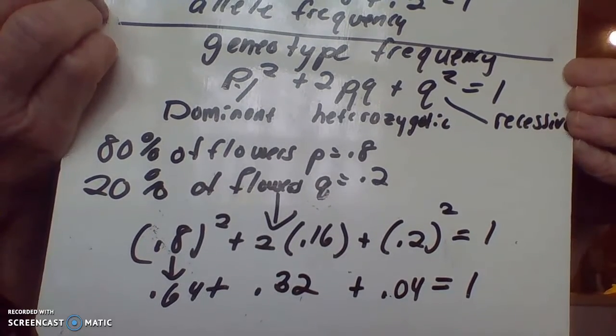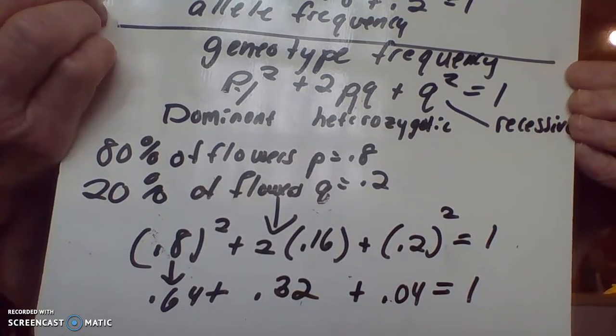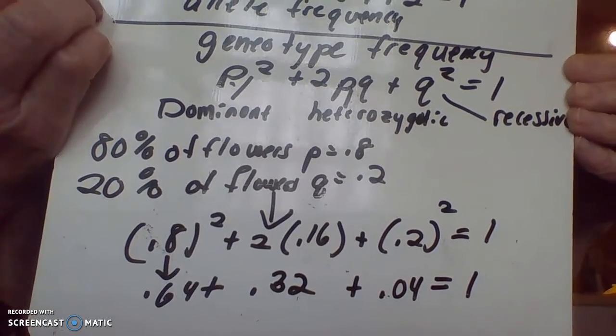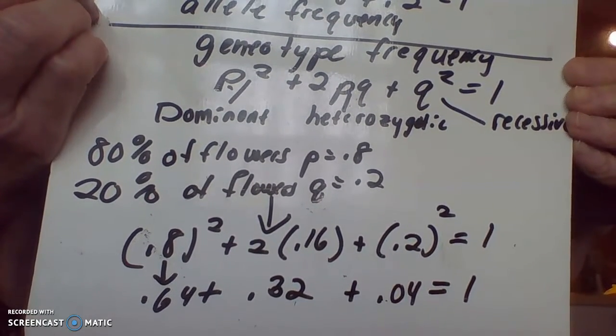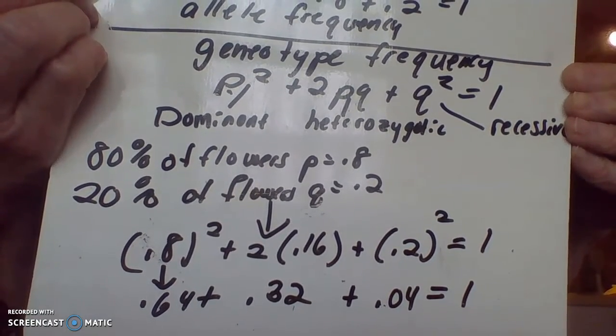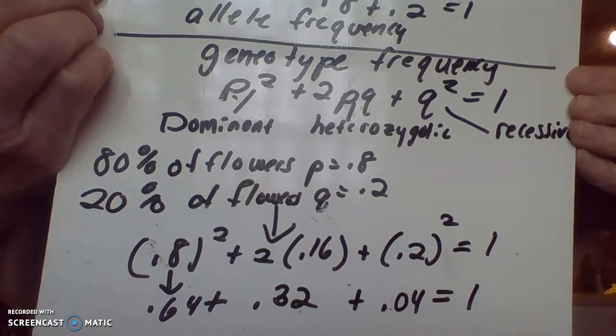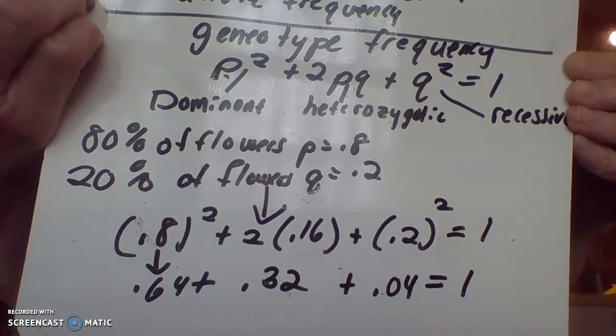And in this case, it could be like a codominant color. So if I already know it's 80%, I would plug in the 0.8 squared. If I know it's 20% recessive, I would plug in the 0.2 squared, and then I can figure out what the heterozygous is.